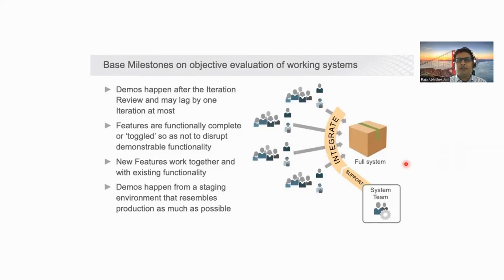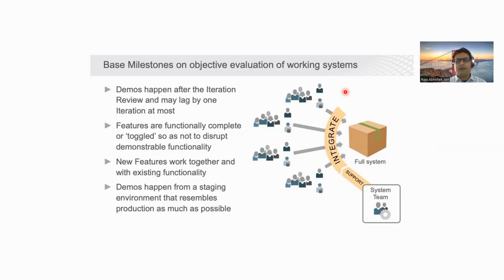Okay. In the diagram, whatever you are seeing here, all these are the teams. They have completed their iteration review. Now they are set for their system demo. But what is that? After completing your iteration review, all the teams come together with their increment or demonstrable functionality, what they have already demonstrated to their internal and external stakeholders.